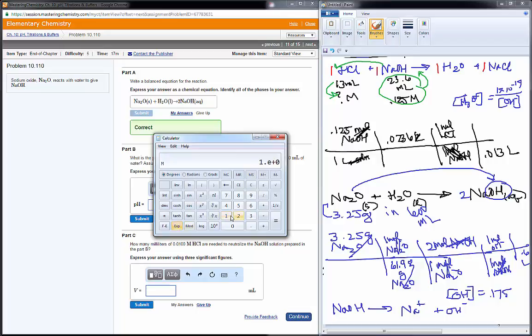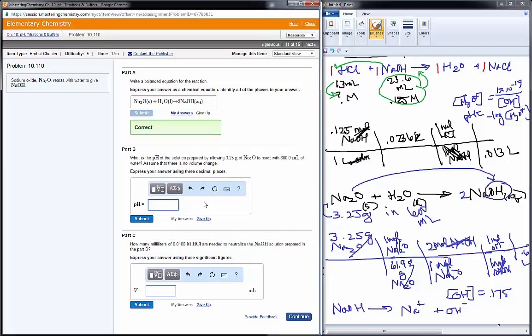And then 1 times 10 to the negative 14th divided by that value, 0.175, gives me a hydrogen concentration of this, and then pH equals minus log of the H3O plus. So I take the minus log of this, take the log, take the negative of that log, and I get a pH of 13.24.